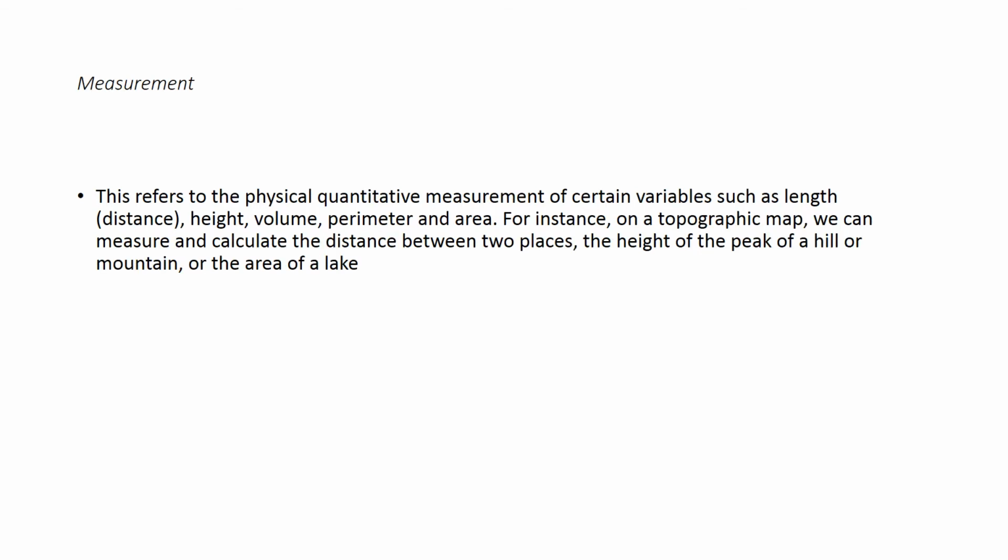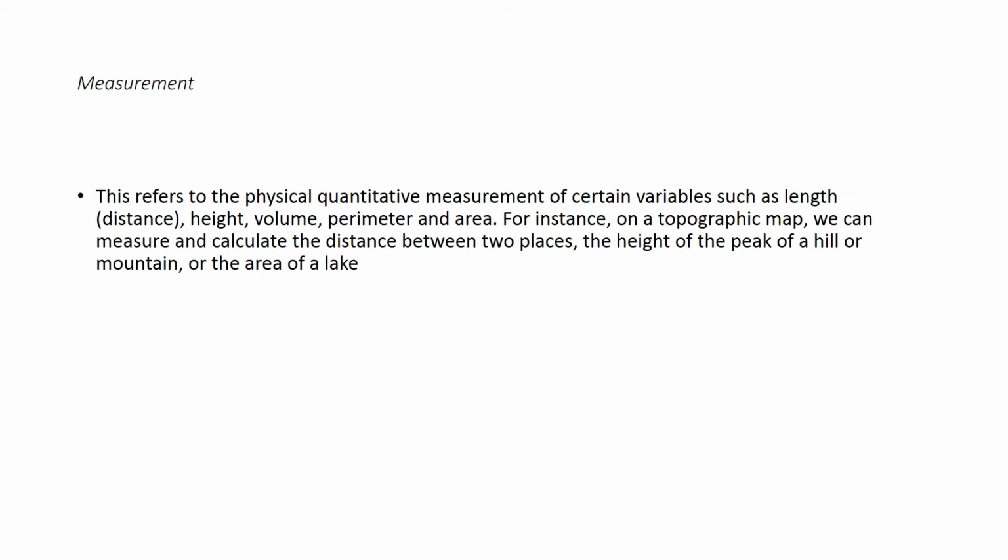Measurement. Quantitative measurement of certain variables such as length, height, volume, perimeter, and area can be done on a map. On a topographic map, we can measure and calculate the distance between 2 places, the height of a peak of a hill or mountain, or the area of a lake.